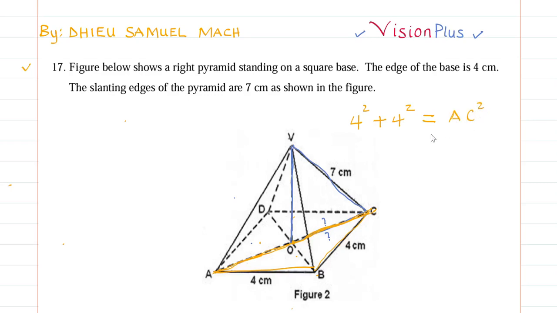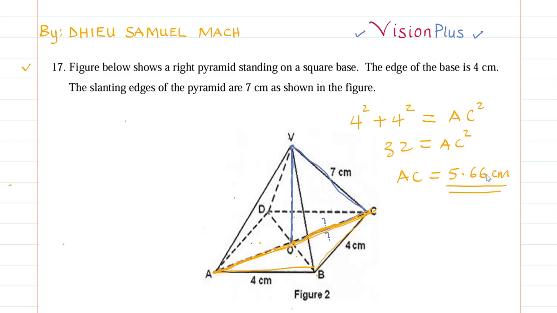If I square 4, I get 16, plus 16, I get 32, equals AC squared. Then AC becomes the root of 32, which is 5.66 centimeters.